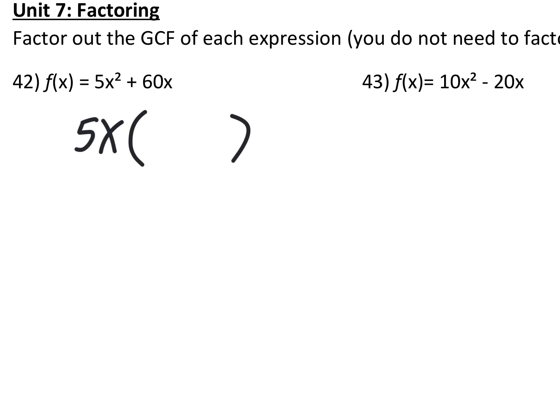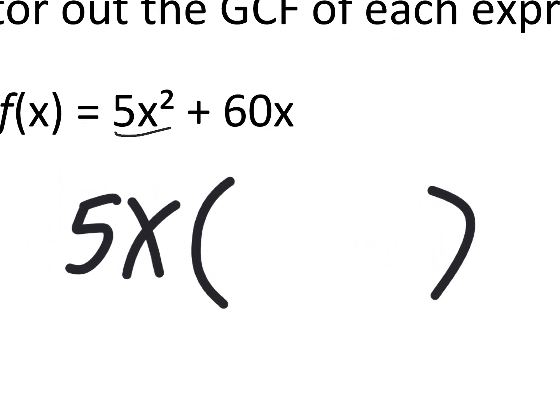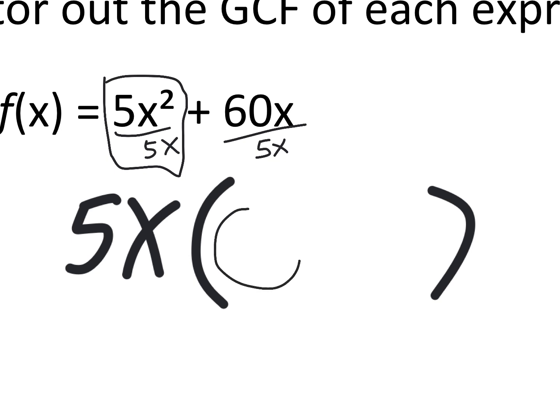So when you do that, it's like you're really dividing this by 5x and dividing this by 5x. So that'll tell you what you should put here. What should you put there?